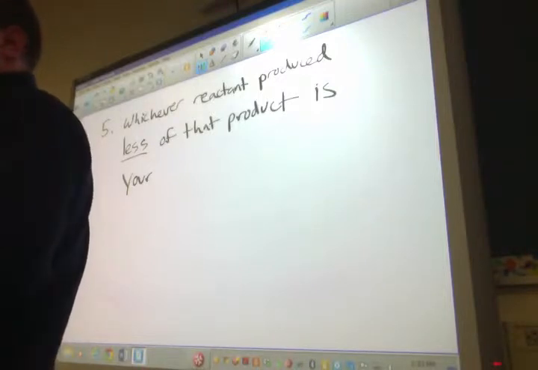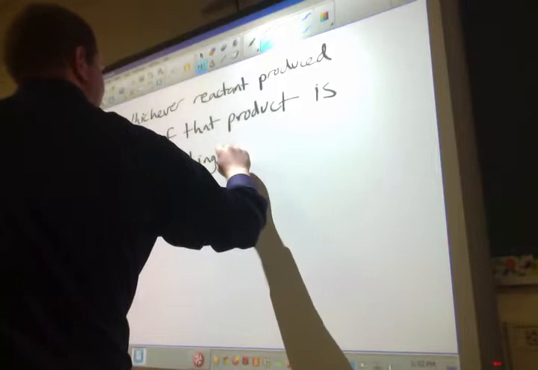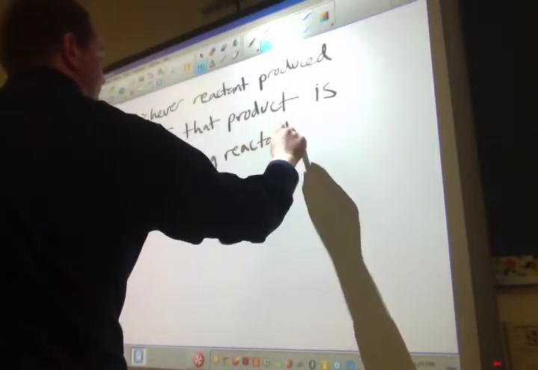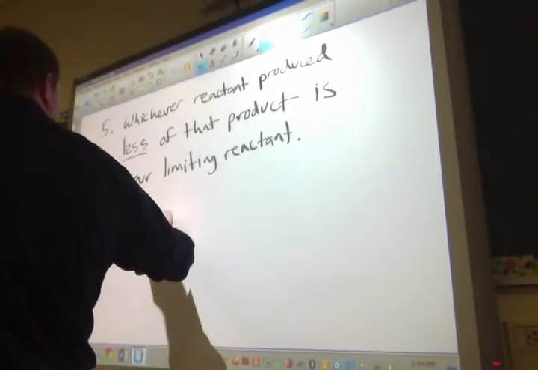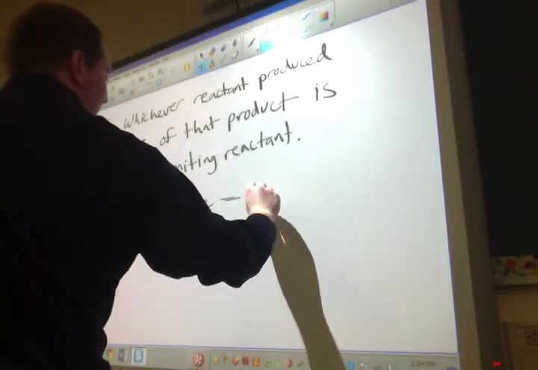Limiting or excess reactant? Limiting. The other one is your excess.